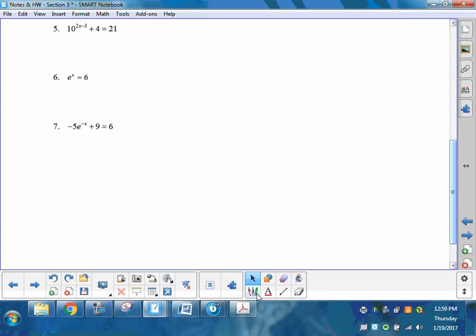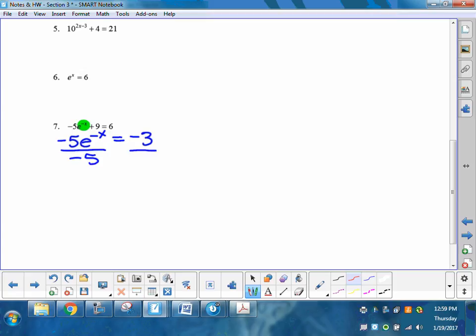So let's go in. We're going to select this. Now, we're going to take all of our steps to get that alone first. What would you do from here, Eli, to get that alone? So I've got 5e to the negative x is equal to how much? Negative 3. What's our next step going to be? Christina? So e to the negative x is equal to 3 over 5, 4.6.